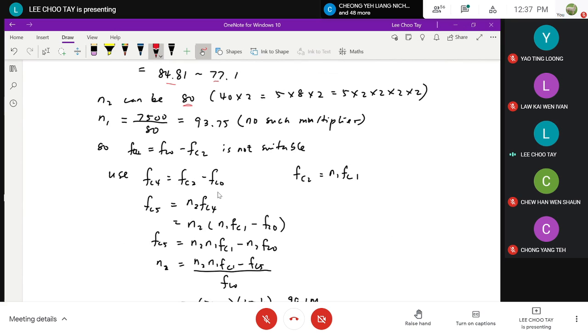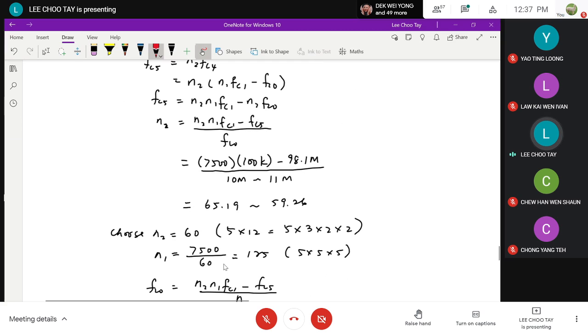Now again, we substitute into the equation for FC5 and then we rearrange. Then you get N2 is N1 FC1 minus FC5 divided by FLO. Substituting that in, N2 can be any value between 65.19 and 59.26.